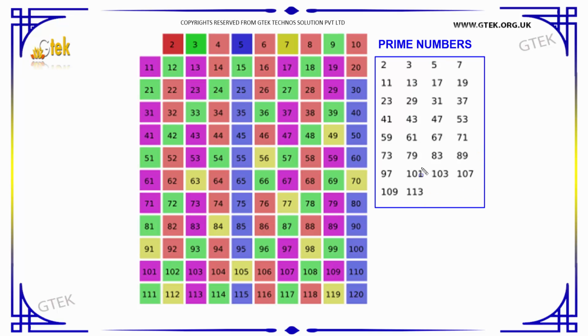So these are the prime numbers which you can find below 120. And these prime numbers are the numbers which we are going to discuss about.